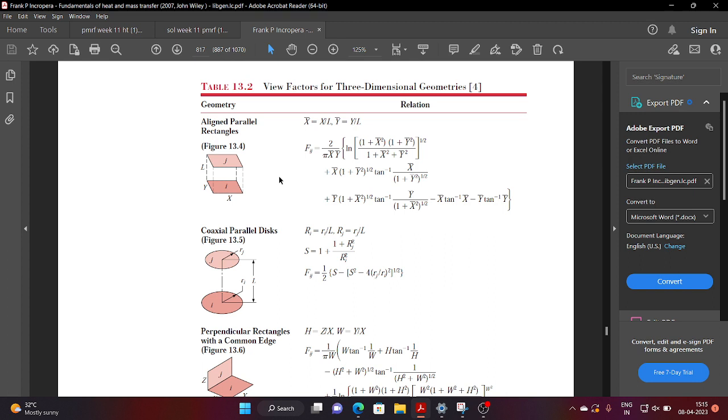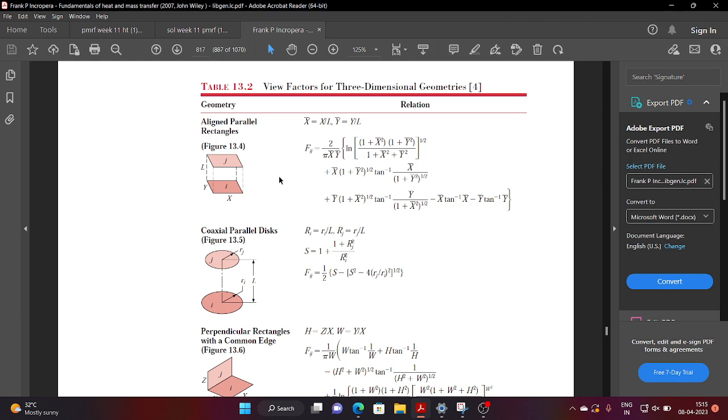For that there is a long formula involving logarithm and tan inverse, which are functions of x bar and y bar. So we calculate using this formula from the table, and we can get the shape factor F23, that means from the bottom surface to the imaginary surface 3, as 0.056.